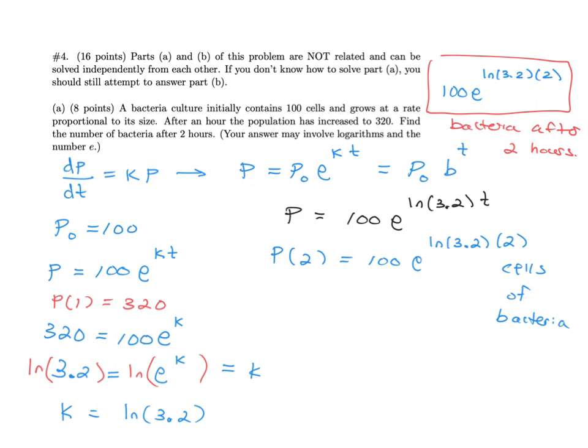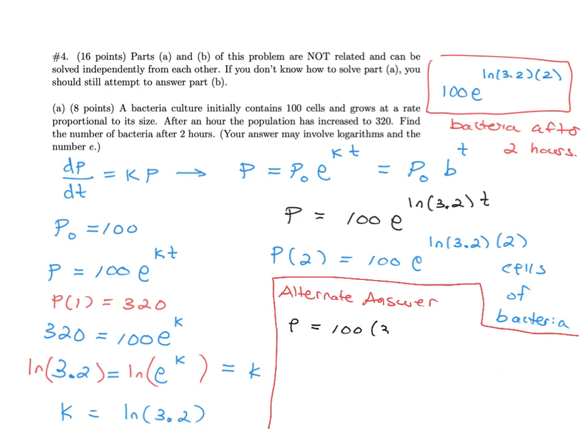I will note that you can also write this equation as 100 with a base of 3.2 to the power of t. And the reason is e to the natural log here is the same thing as just 3.2. So as an alternate answer, you could say the formula P is equal to 100 times 3.2 to the power of t.